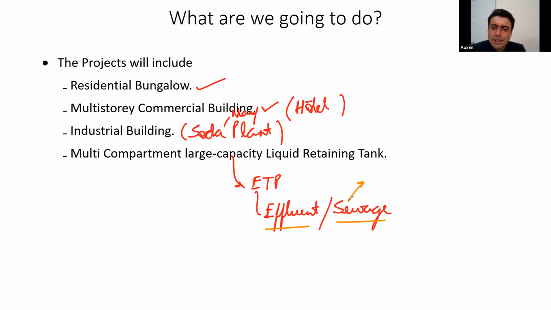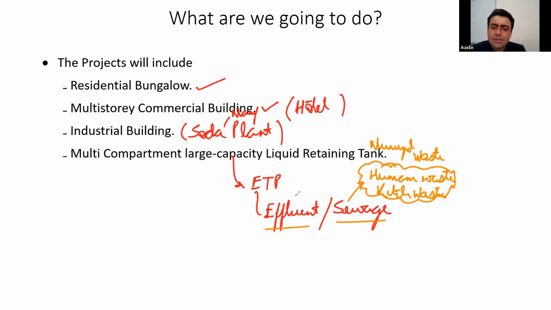So sewage basically will include mostly the human waste. Okay. Sewage will include mostly the human waste, and you can say the kitchen waste, etc. These wastes together are called sewage. Kitchen waste, human waste. In general, we can call it municipal waste, a waste that comes out from your general city.